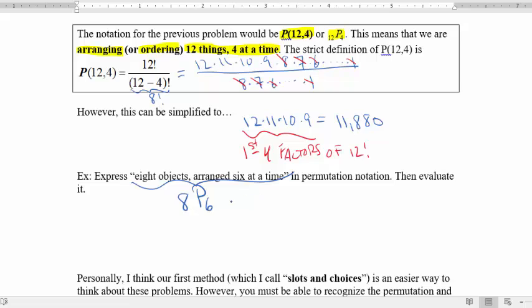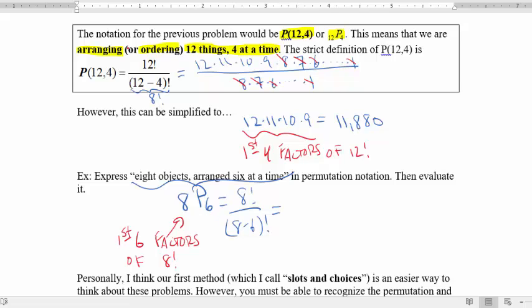So what would this be? Again, if you wrote it out in this strict form, it would be 8 factorial over 8 minus 6 factorial. But what's going to happen is this is just going to end up boiling down to the first 6 factors of 8 factorial.